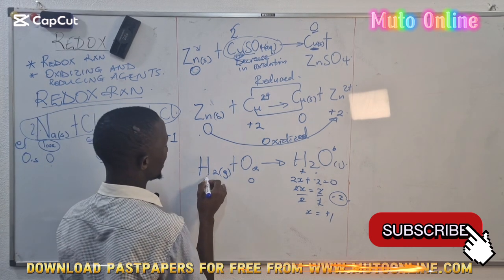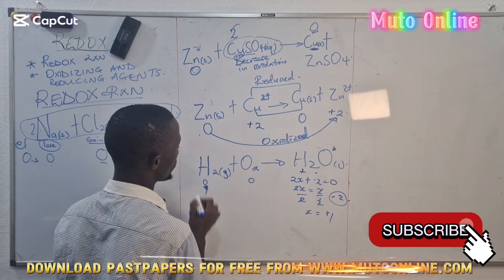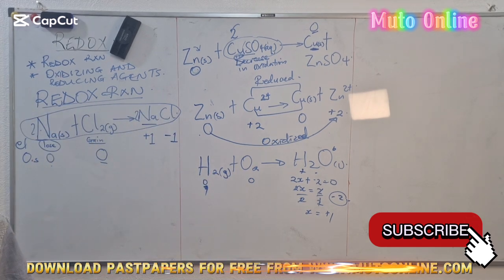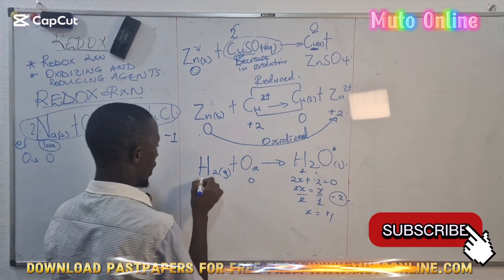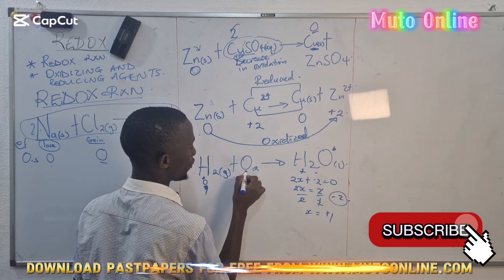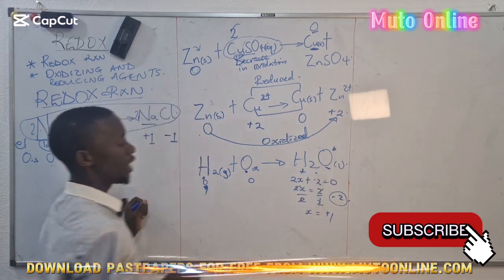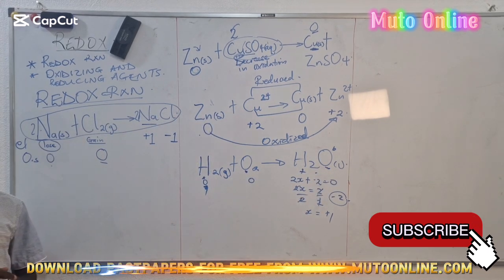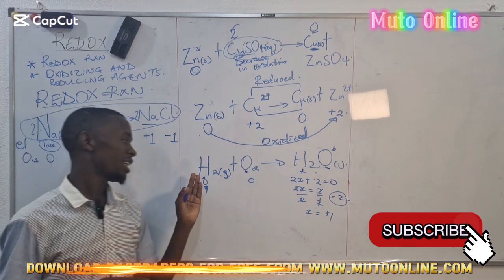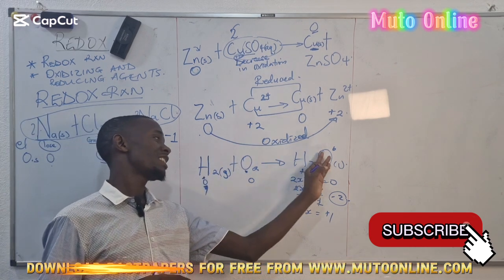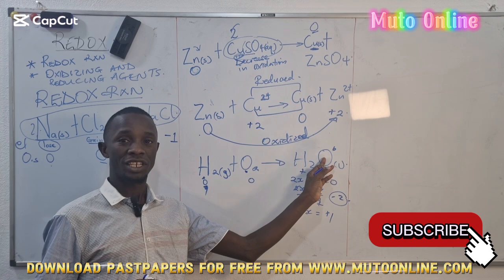Still, we can look at it in terms of addition or removal of oxygen or hydrogen. To hydrogen has been added oxygen so that it becomes water. So in that direction, the hydrogen is oxidized since oxygen has been added to it.